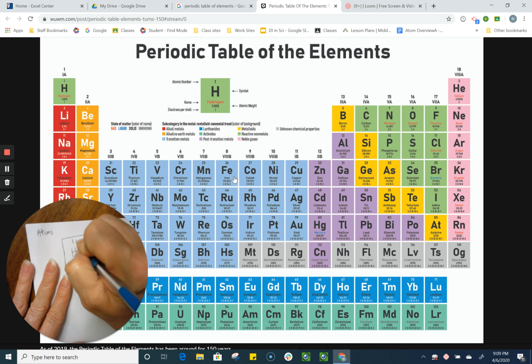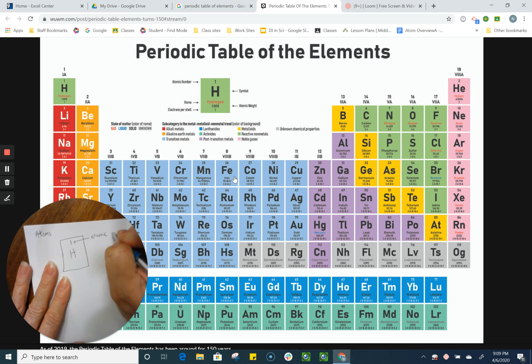There is a whole number, one without a decimal, and that is called the atomic number. Whole number without a decimal, called an atomic number.